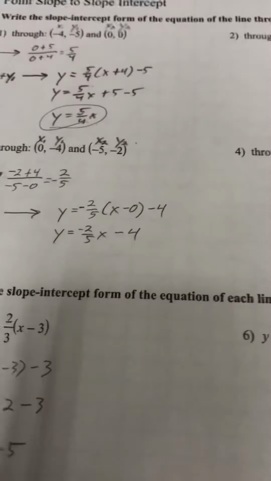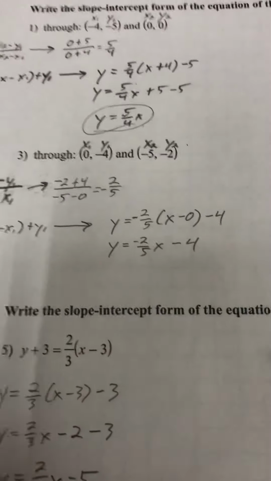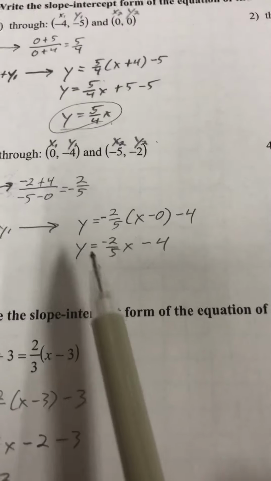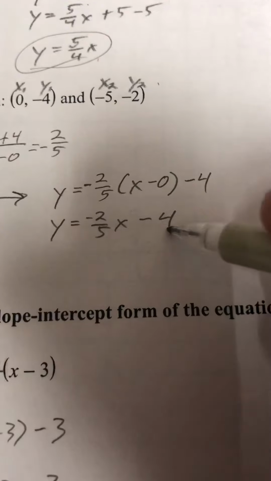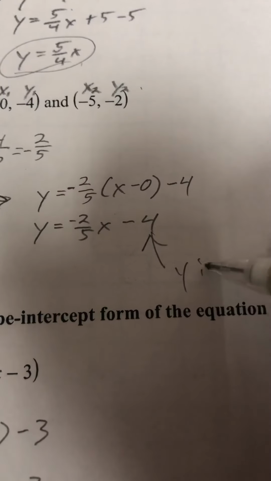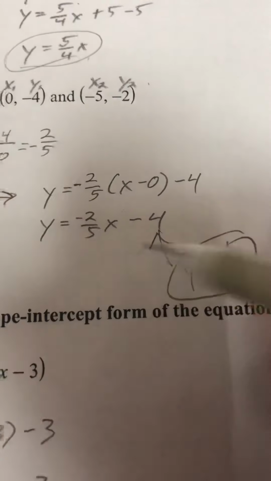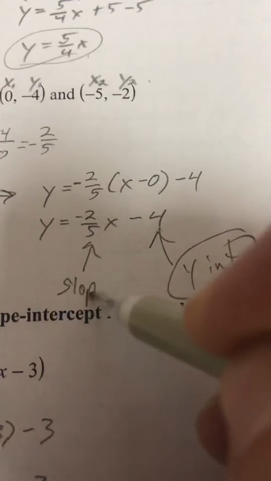Now, what does all this mean? Well, remember in slope-intercept form, you can graph that. This is my y-intercept, where it crosses the y-axis, and this is my slope.